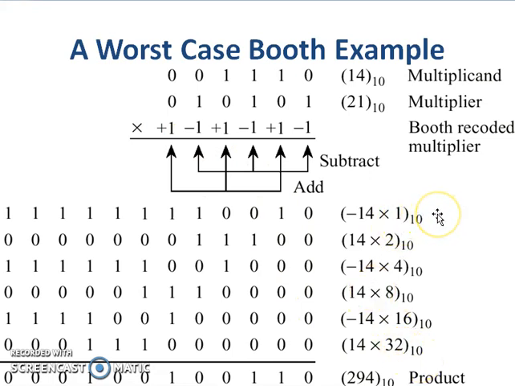Here you have to find the decimal values: -14, then 28, and so on up to 56 and -56. After finding the decimal values, you have to find the binary. As per these values, you can see 14 times 32 is the largest number.